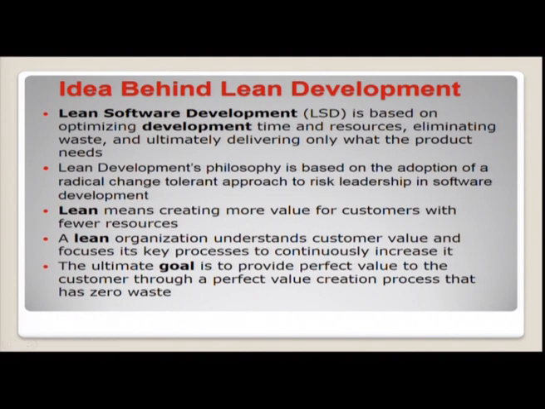What do you mean by zero waste? Usually when you create software, you will have a few kinds of waste. So, the primary motive of using lean development is to eliminate waste. That is one of the principles too. This is the idea behind lean development.